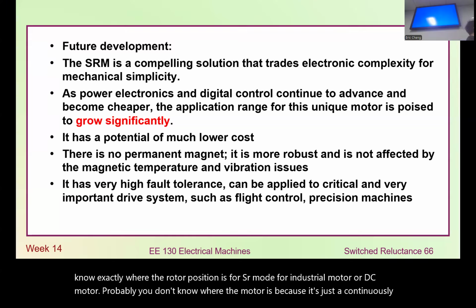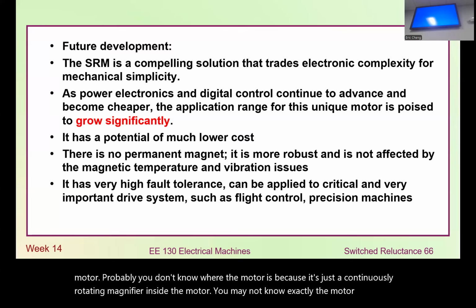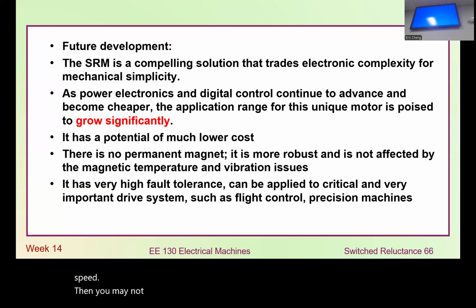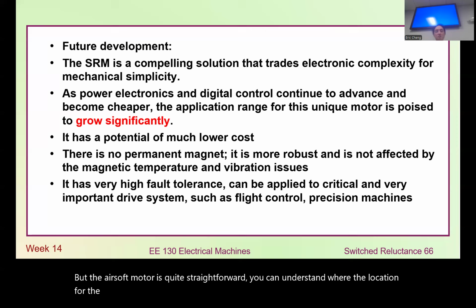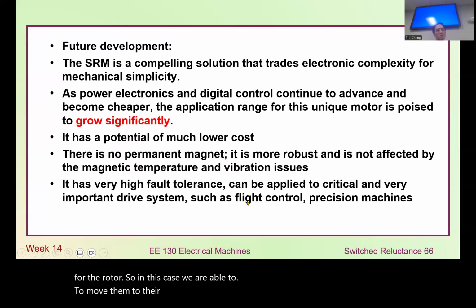You may know the speed, but you may not know exactly the rotor position. But for the SR motor, it's quite straightforward. You can understand where the location of the rotor is. So in this case, we are able to move them to precision machines or maybe flight control systems.